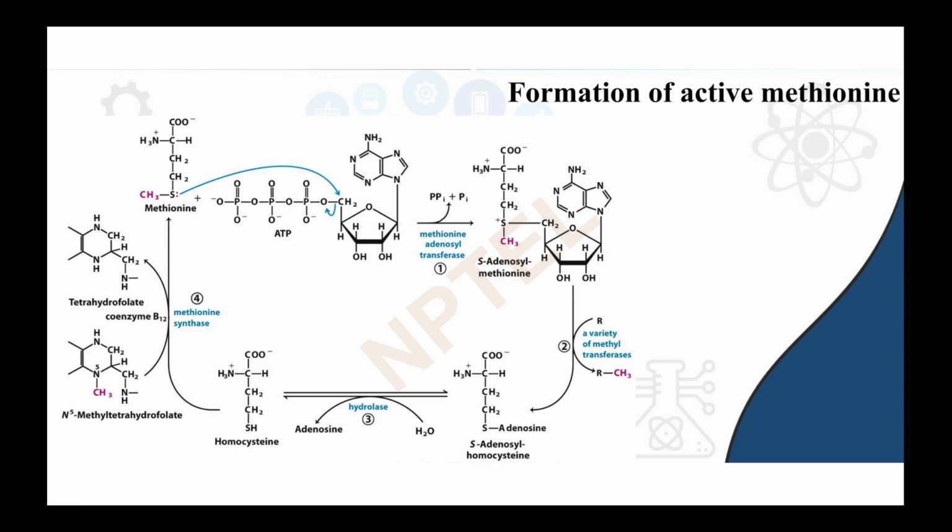In the methionine metabolic pathway, S-adenosyl homocysteine is later converted into homocysteine by hydrolysis, and homocysteine can again be converted into methionine by methionine synthase.